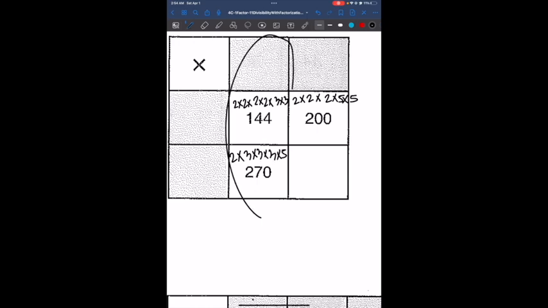And so in this column, we're going to look for ones that are repeated. So 1 2 is repeated, and 2 3s are repeated. And so this box is going to be 2 times 3 times 3, which is 18. And so this box is going to be the remaining ones.